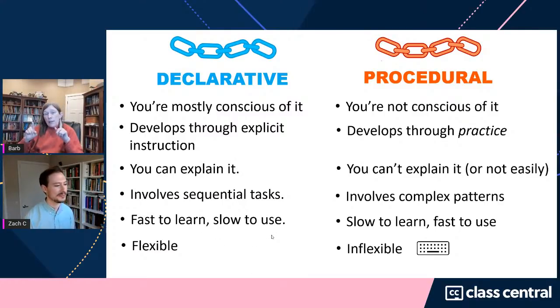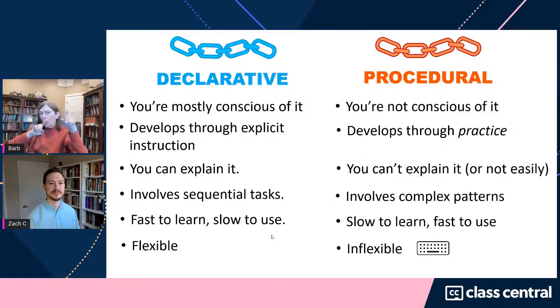When you're learning things, what happens is you first, as an adult, learn something declaratively in most cases. Then there's a part of the brain called the infralimbic cortex that monitors what's going on, and it'll say, oh, wait a minute, you're doing that a bunch of times.